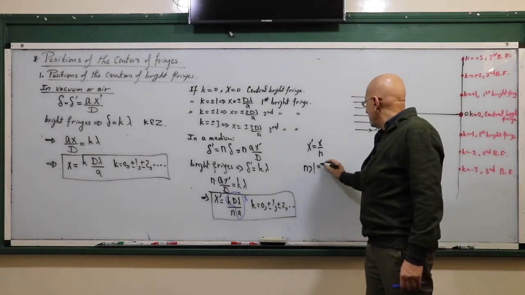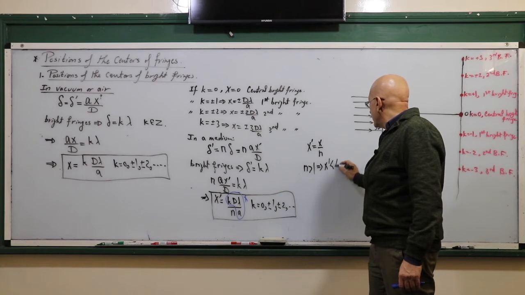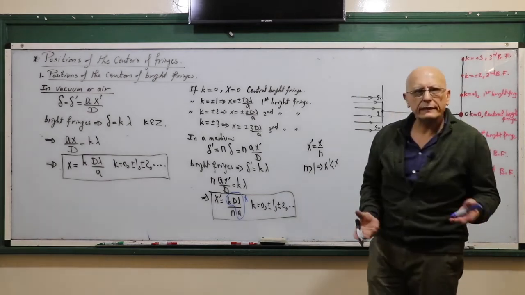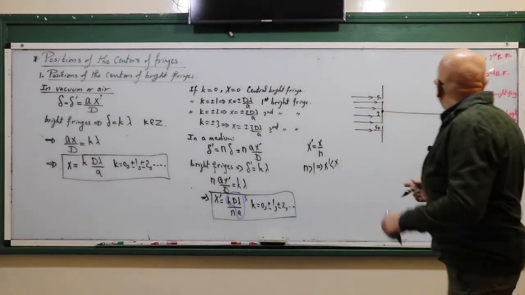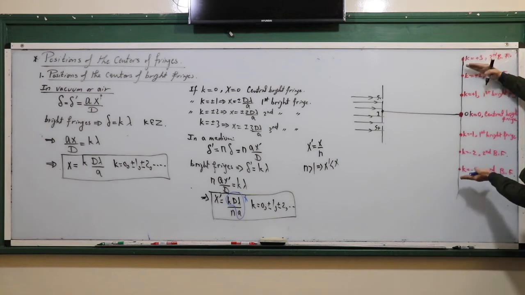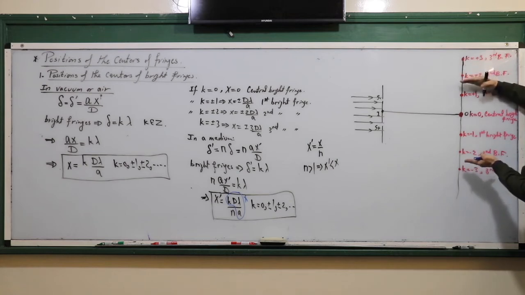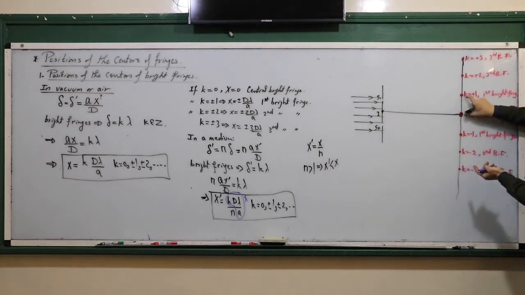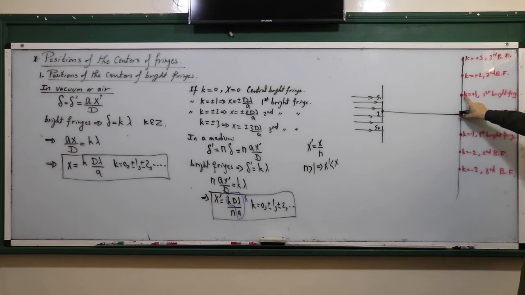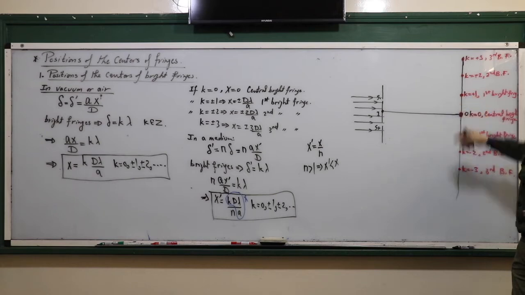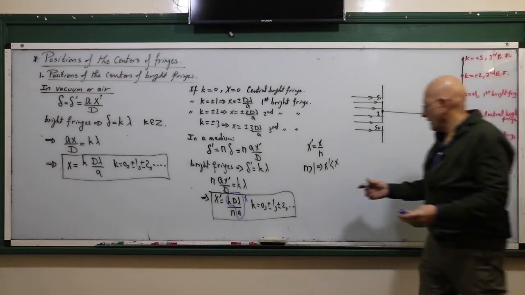So this means that x prime is less than x. What does this mean? This means that the fringes become closer to O, because the abscissa, for example, was here 1 milli, it will become 0.75 milli, okay? And so on.